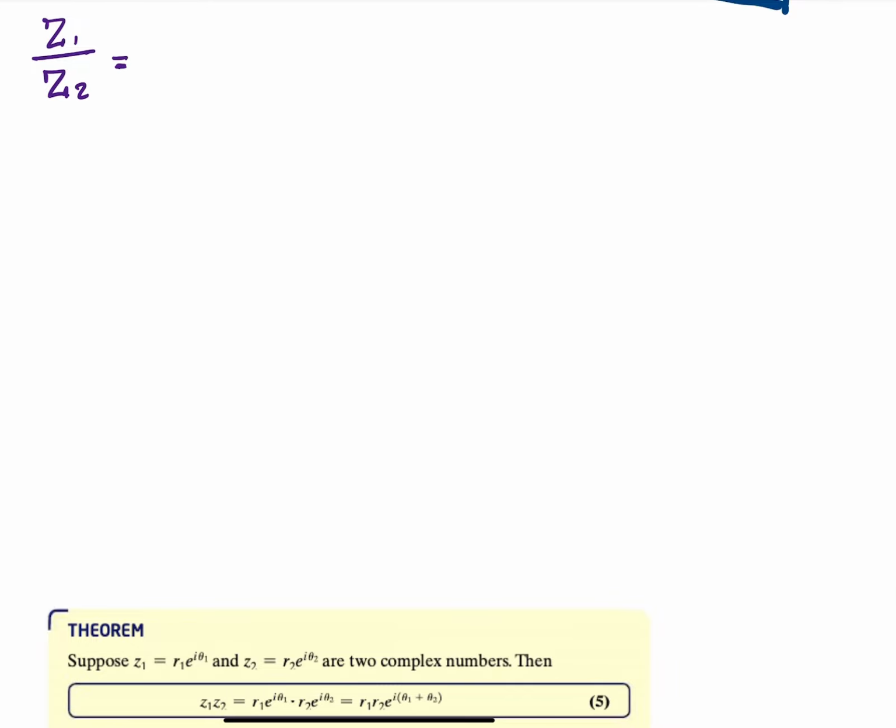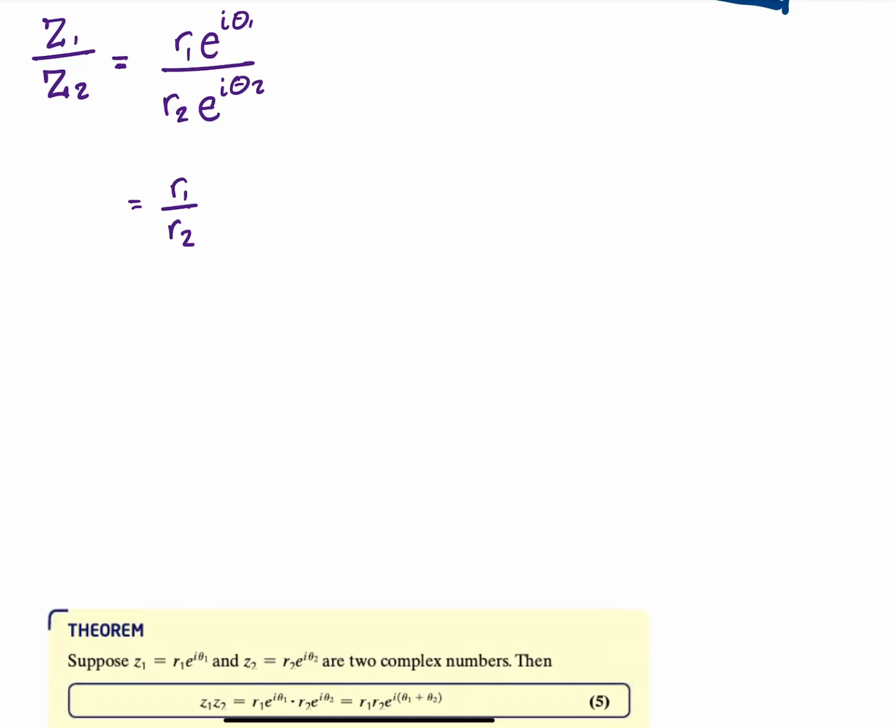So in exponential form, that would be r1 times e to the power of i theta 1 over r2 times e to the power of i theta 2. So we can bring the r1 divided by r2 out in front.